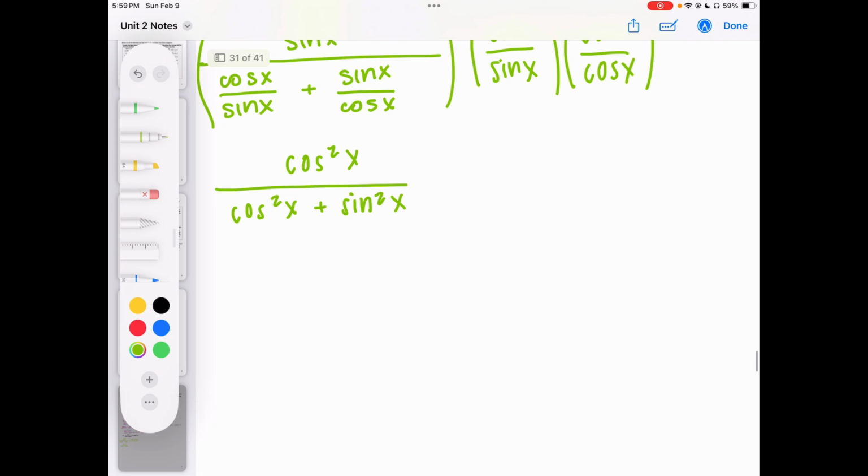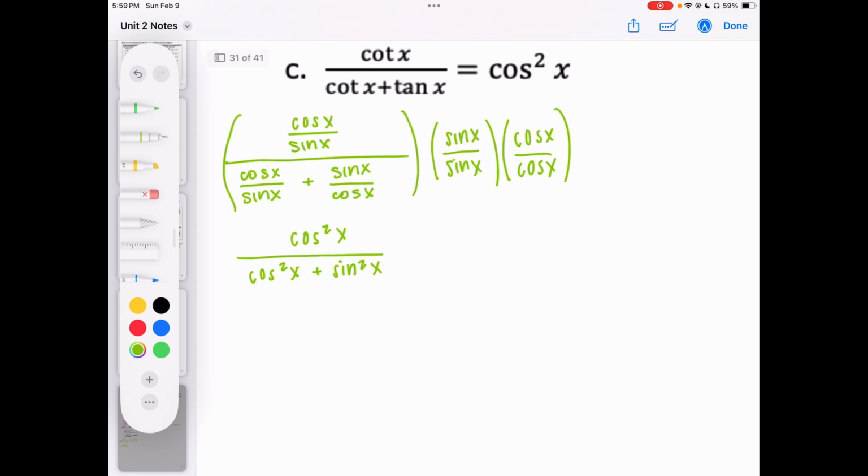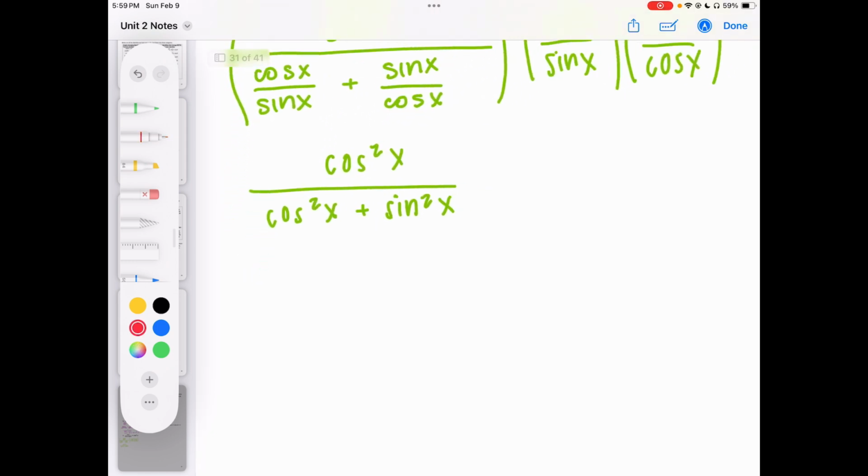Now, if I'm looking at this, I think, okay, I know I have cosine squared over cosine squared and cosine squared over sine squared. Now, I know that this right here is a Pythagorean identity.